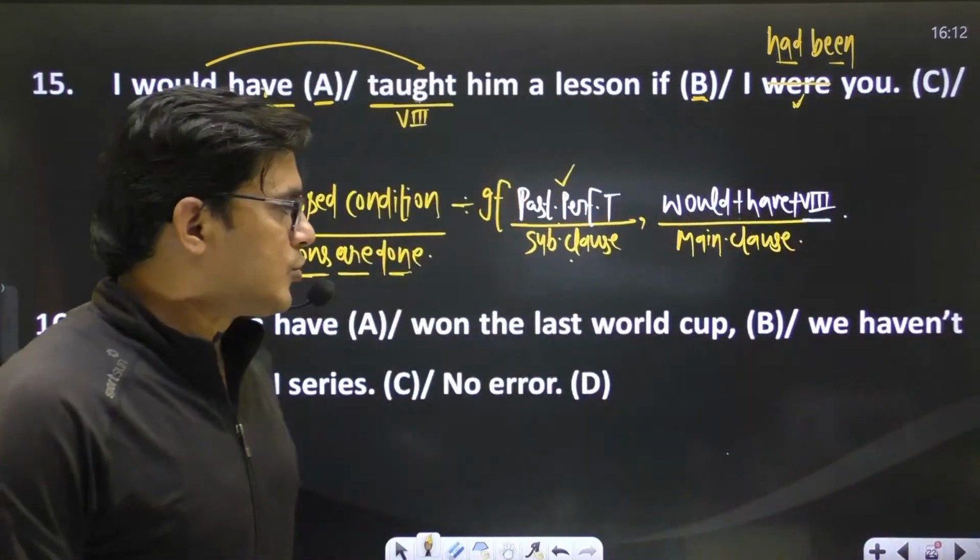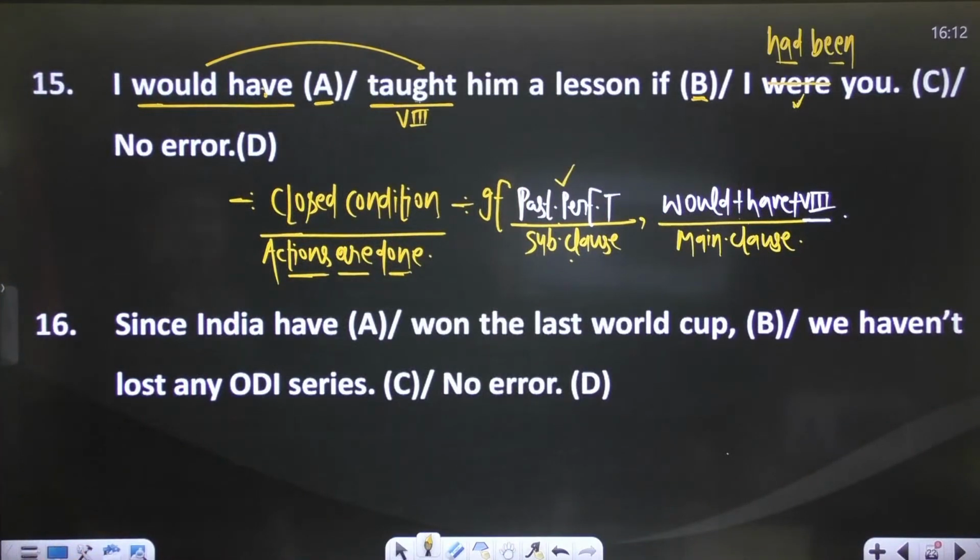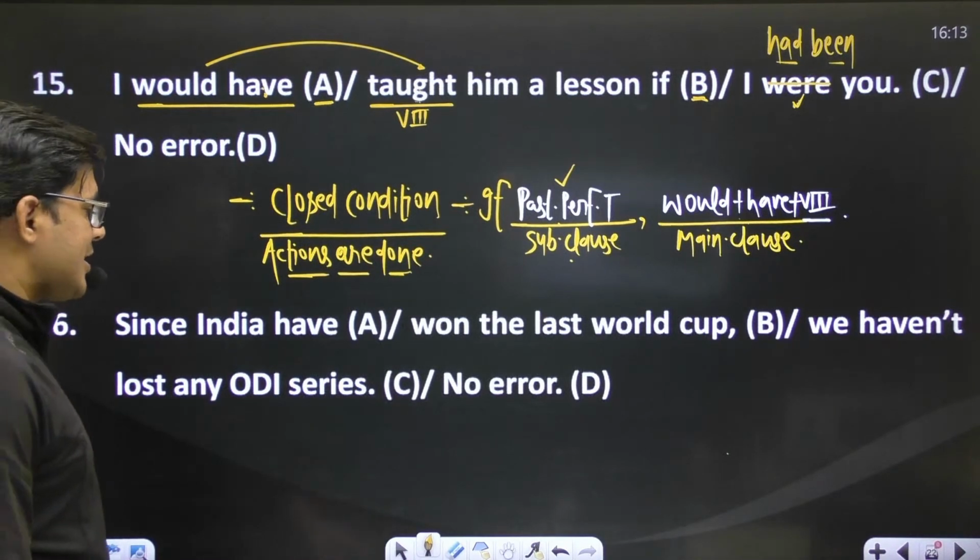ये मेथड अप्रोच होता है. चले मूव टू द नेक्स्ट वन. Since India have won the World Cup, we haven't lost any ODI series.